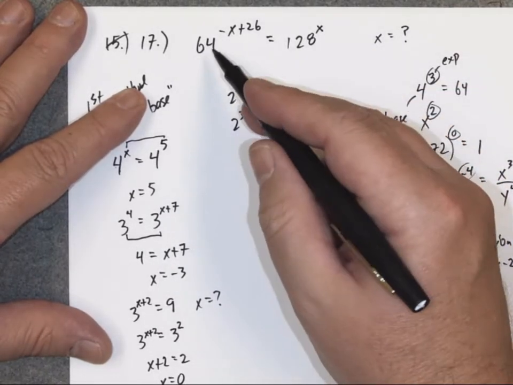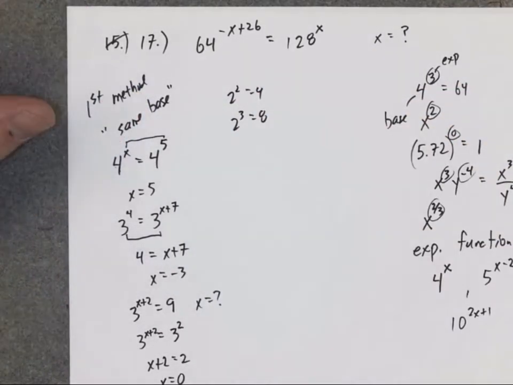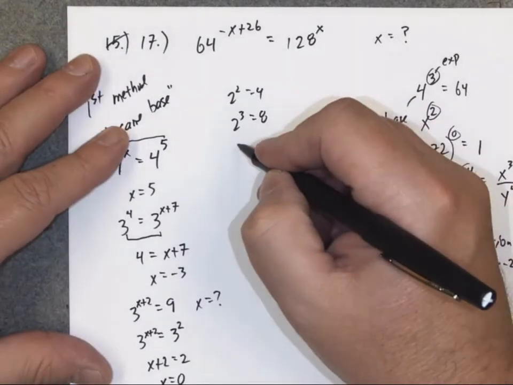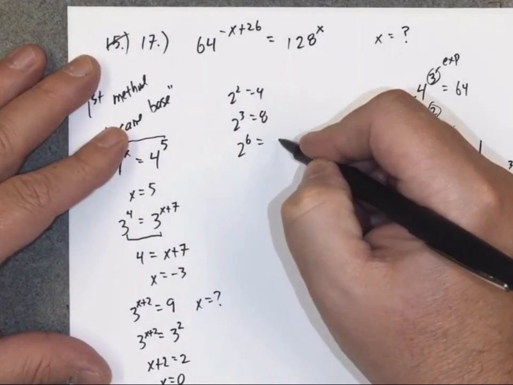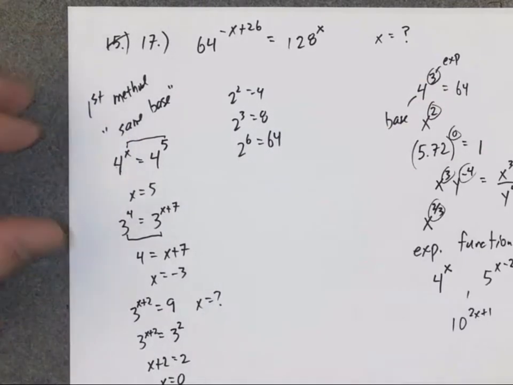And if I keep going up, eventually I realize that 2 times 2 is 4, times 2 is 8, 16, 32. I think 2 to the 6th equals 64. Let me check it. 2 times 2 is 4, 8, 16, yep.